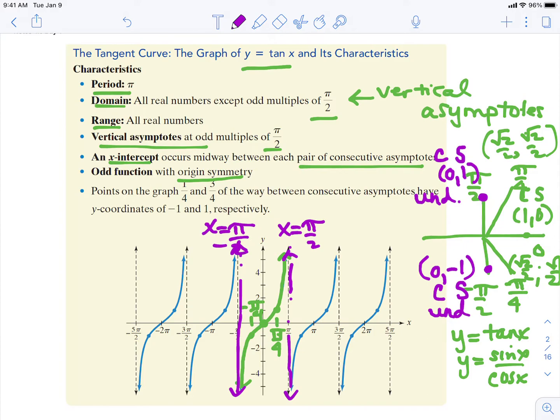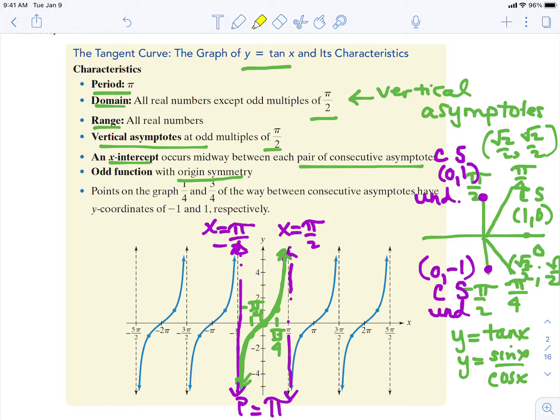What I've graphed is just one revolution between those asymptotes. The period of this snake, or S, is a distance of pi. What's in the green is one revolution for your tangent function.